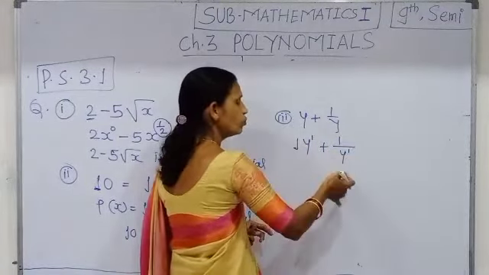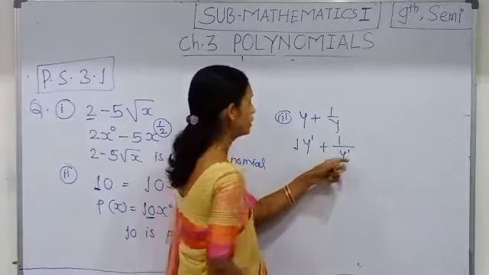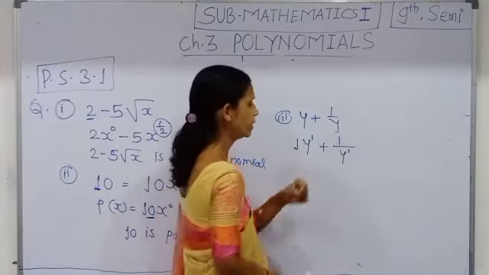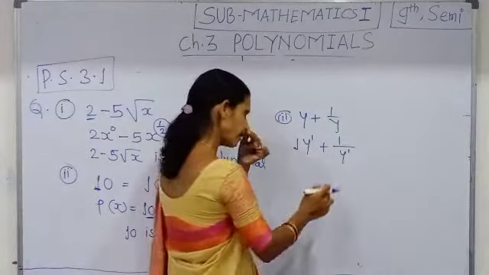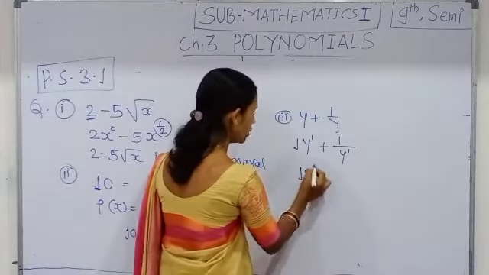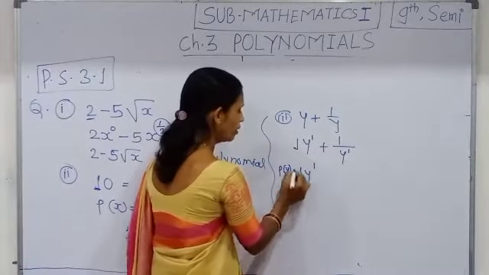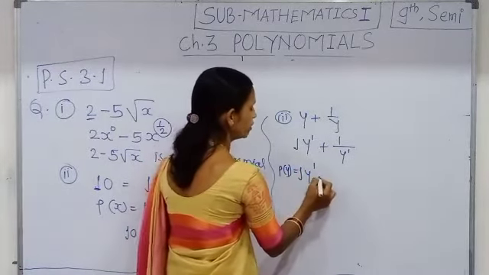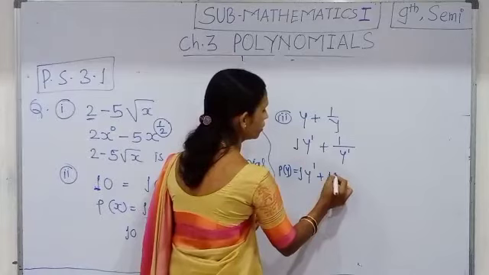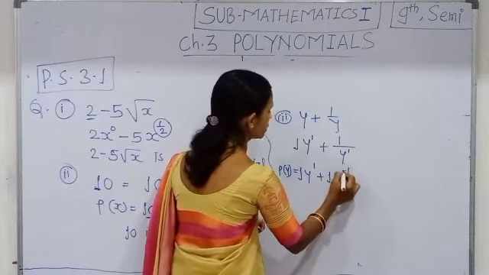Then we have to take that y into the numerator, since y is in the denominator. Therefore, the polynomial in the variable y is 1y raised to 1 plus 1y raised to minus 1.